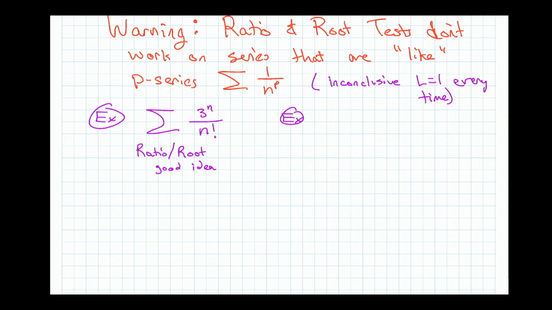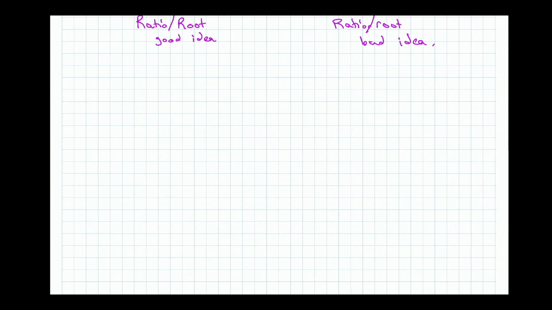Whereas if you have one like 3 over n squared plus 4, ratio or root test is a bad idea, because that's basically like 1 over n squared, which is a p-series. So you would not do the ratio or root test on it. It will not work. That's just a warning before you start. Okay, so let us do some of these now.